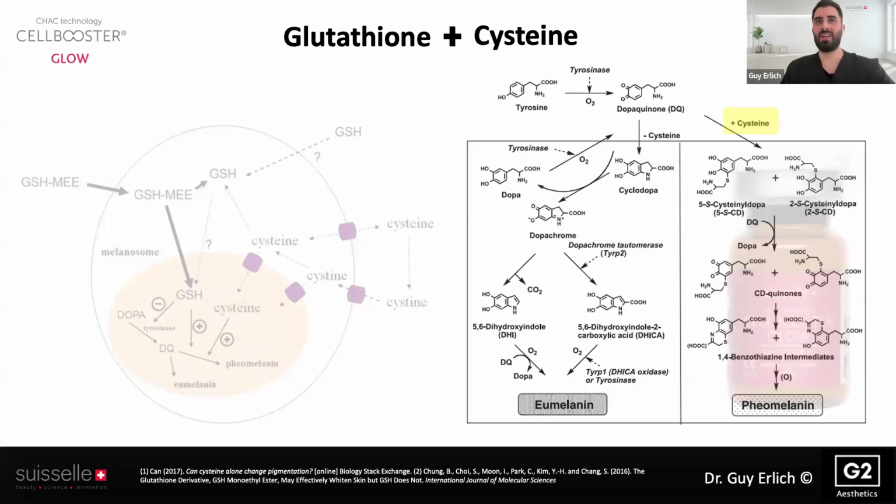Together with it, cysteine is a gating amino acid for pheomelanin. So when I inject glutathione and cysteine together, I am gating the melanin to become pheomelanin, which is much brighter, and decreasing the amount of tyrosinase and melanin synthesis, thereby decreasing pigmentation.